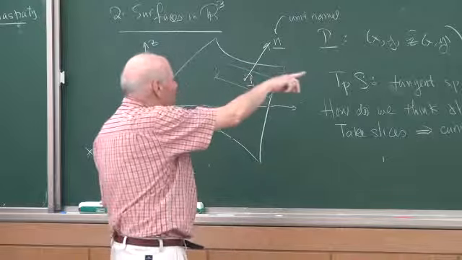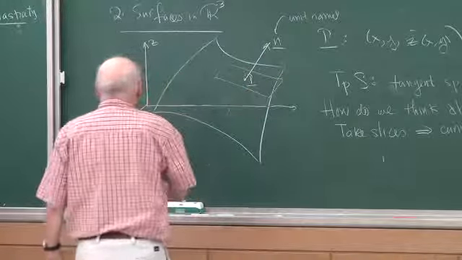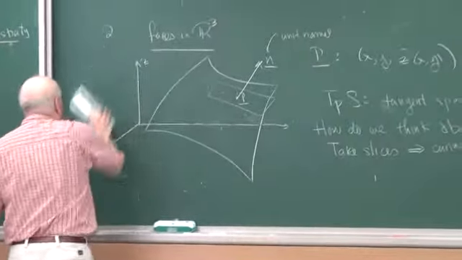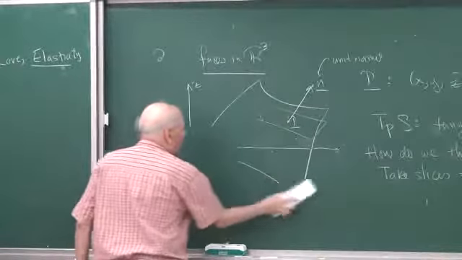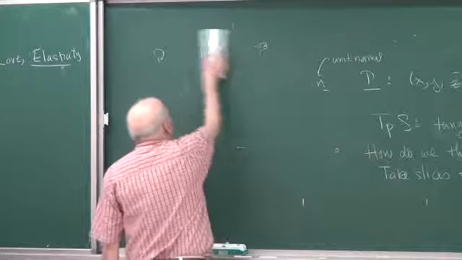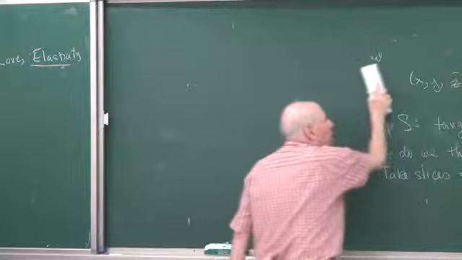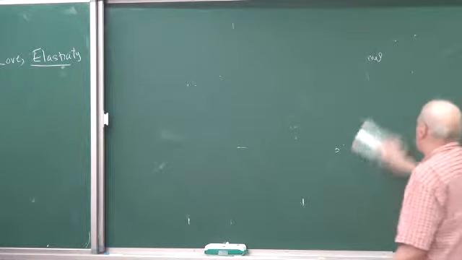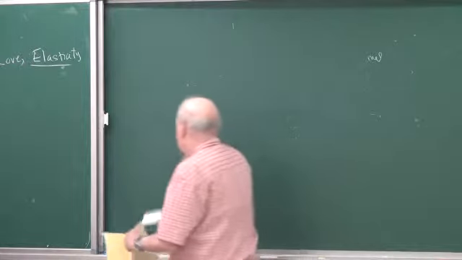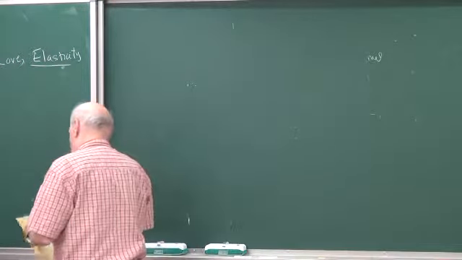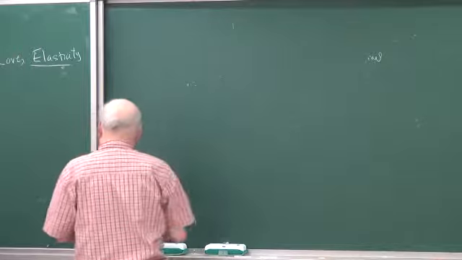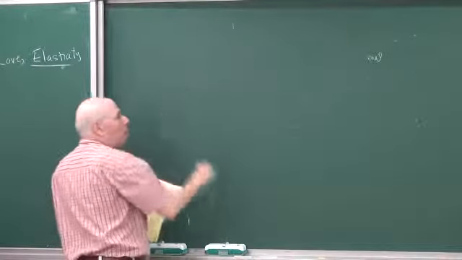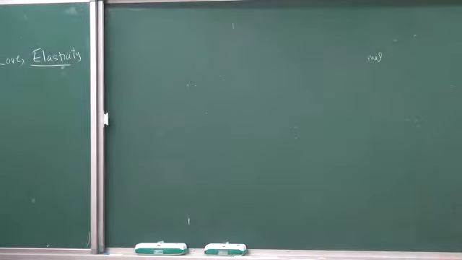So I'm going to erase here, we don't need that, leave that up, and let's find it. It's a nice calculus exercise. So let's write the plane. Remember, this is a plane here, right?